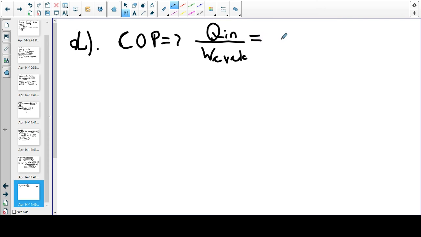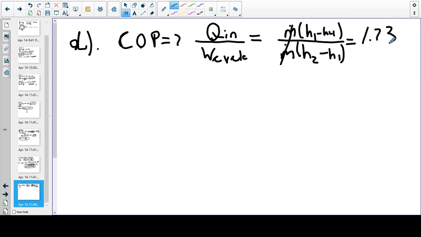And for us, that is simply H1 minus H4 divided by H2 minus H1. But for other cycles, if there is a turbine, you'll have to count the turbine, but not in just a simple vapor compression. There is not. For Brayton cycles, there are. Gas refrigeration, I guess.